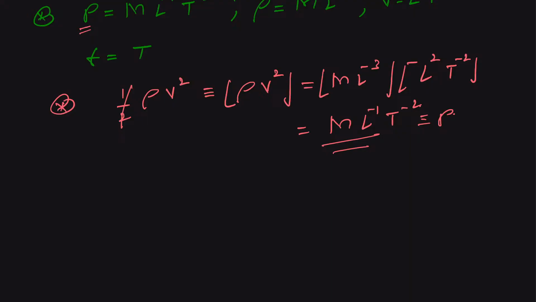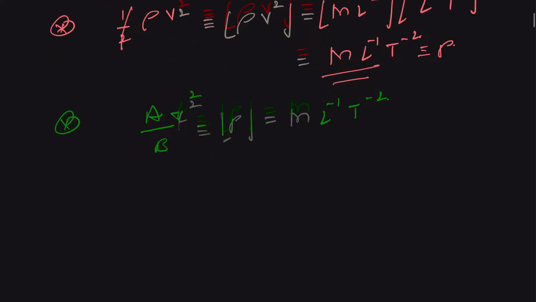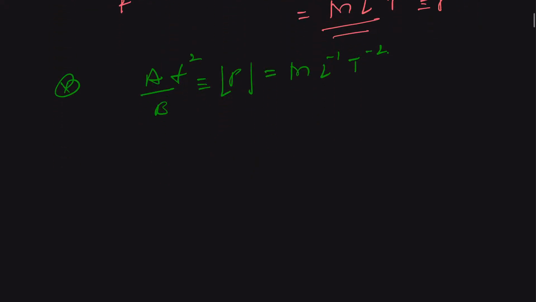Now it is quite easy. Therefore we can say that A is added to the dimension of the pressure. Therefore this quantity will also be a representation of pressure, and we can write this as M, L minus 1, T minus 2, and we have this as T square.